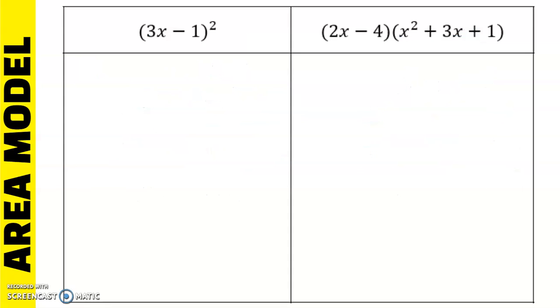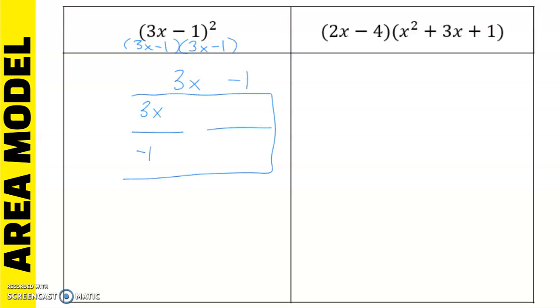Let's try it again. I have 3x minus 1 quantity squared. So just remember, when we square something, we're multiplying times itself. So there are my two side lengths. Okay, so 3x minus 1 times 3x minus 1. Set up my rectangle.